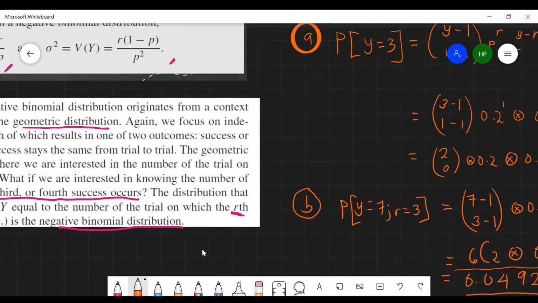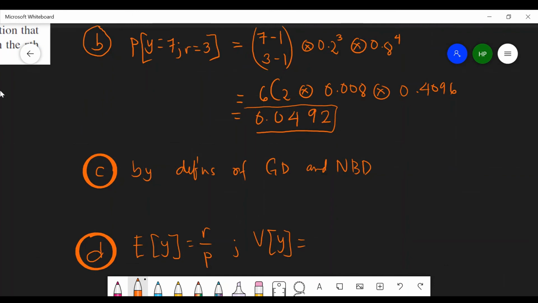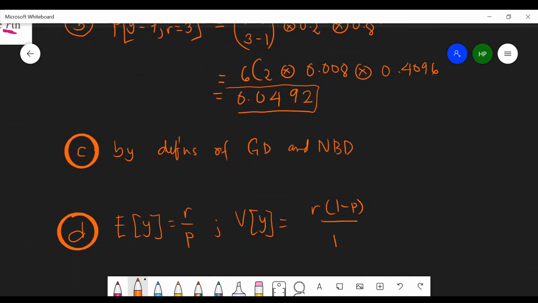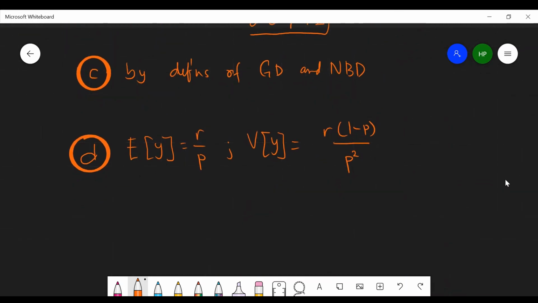R times the quantity of 1 minus p divided by p squared. And again, direct substitution lamang. Okay? So, what will happen here? Ano yung R natin? 3, di ba? Galing sa problem. Tapos yung P is 0.2.